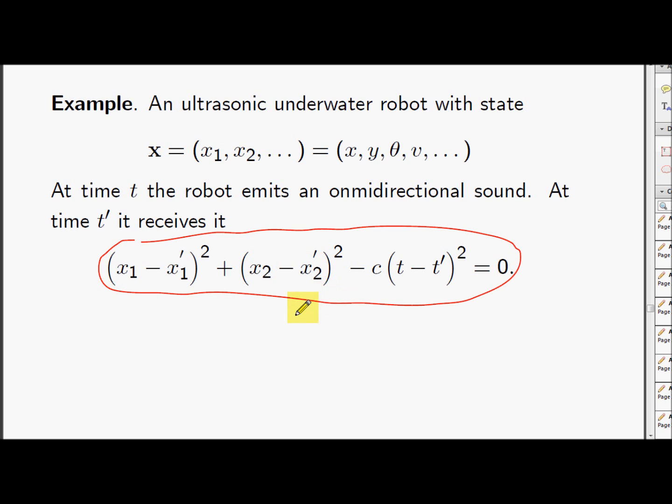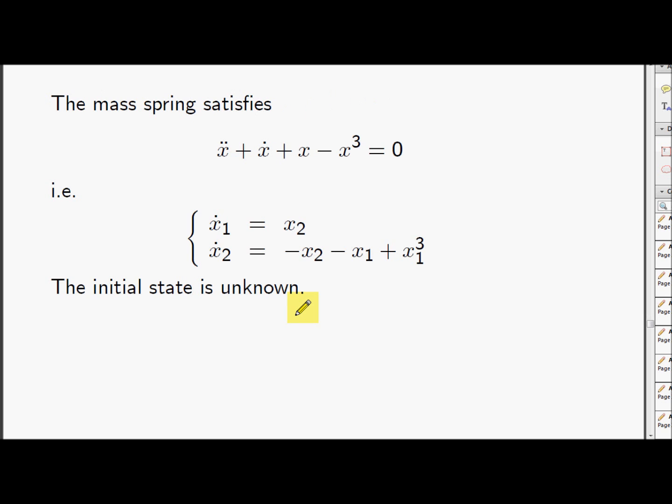Consider here a very simple example, which is not immediately related to robotics, but which involves a state space constraint. It is a mass spring problem, described by this equation.